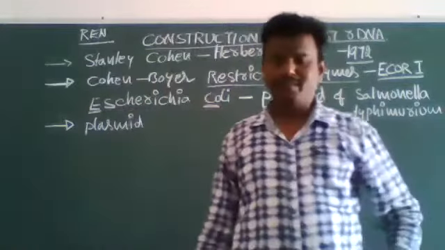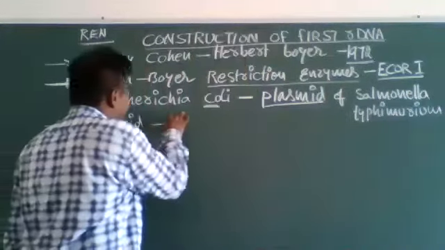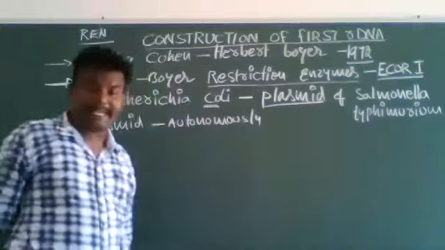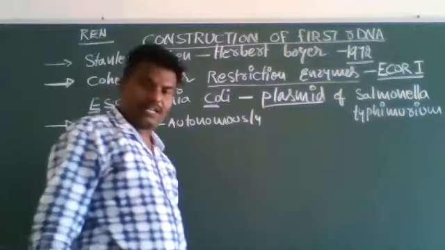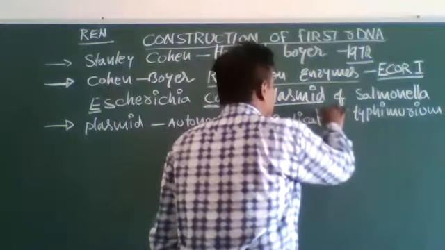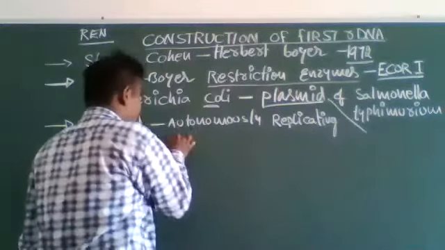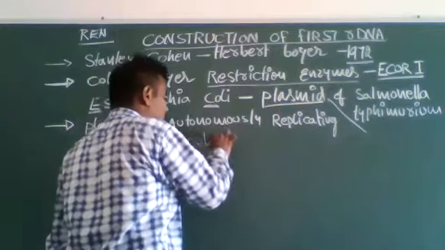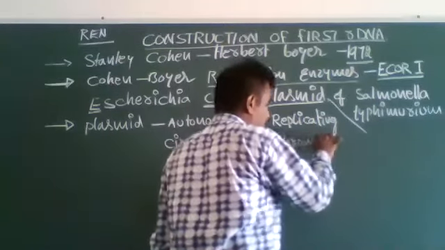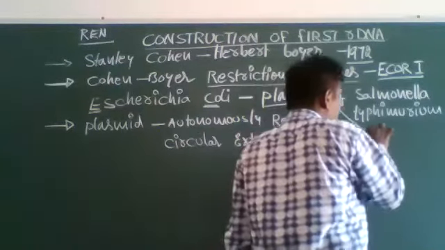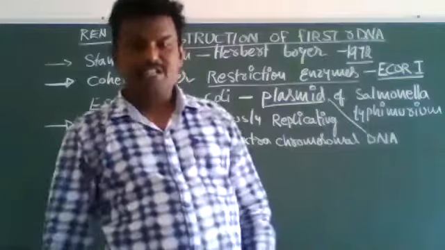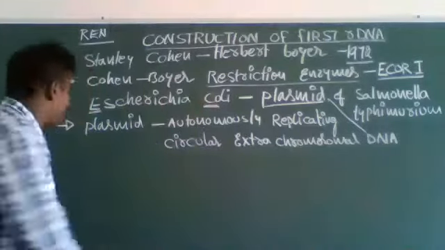Define plasmid. An autonomously replicating circular extrachromosomal DNA. That is called plasmid.